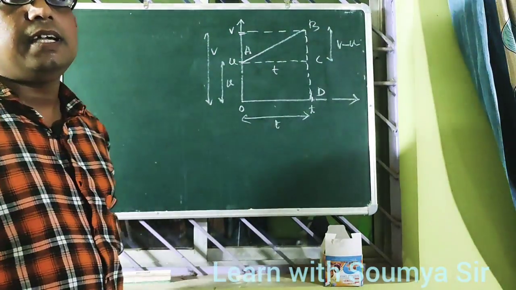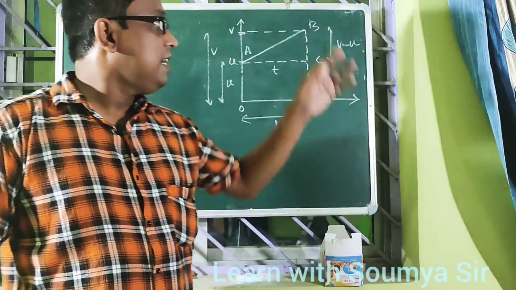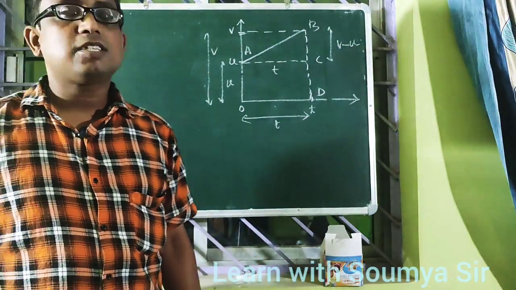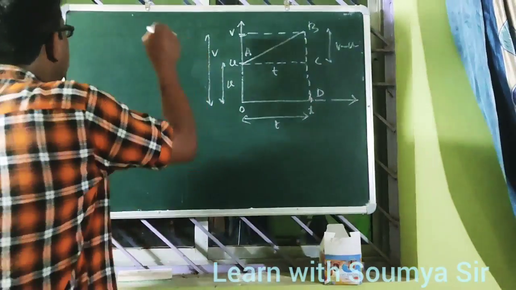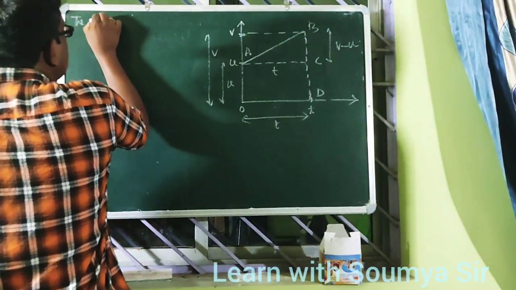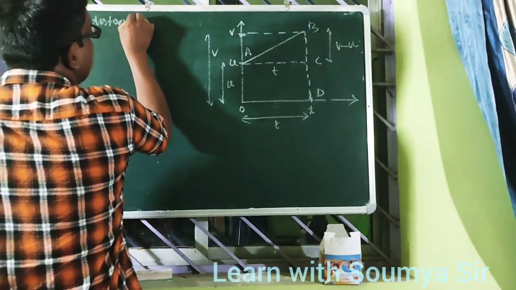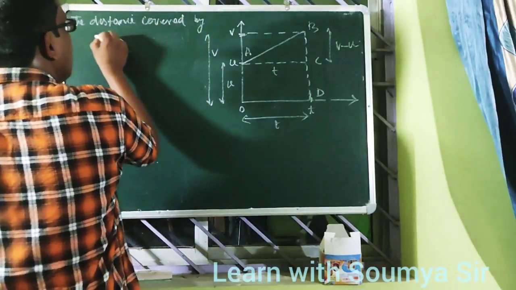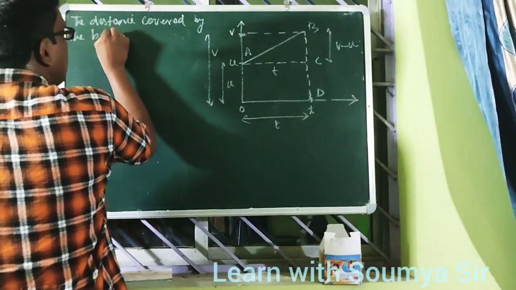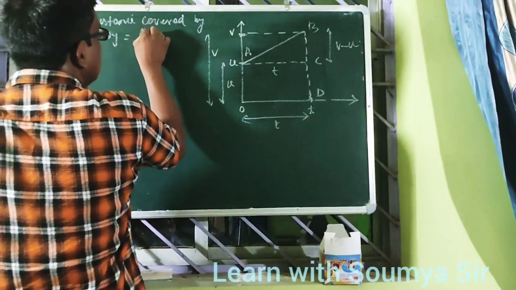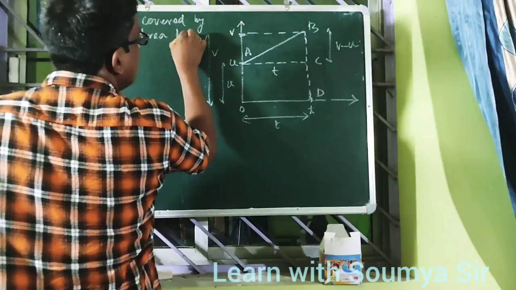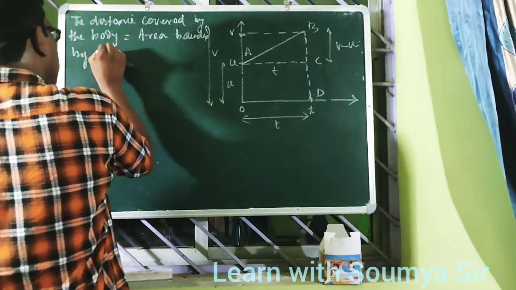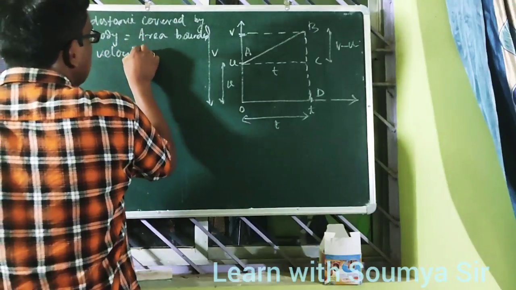Now, we have also read that the area bounded by the velocity time graph gives the distance covered by the body. So we can write the distance covered by the body is equal to the area bounded by the velocity time graph.